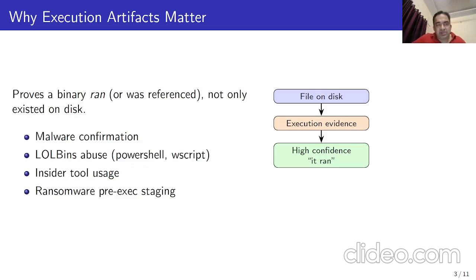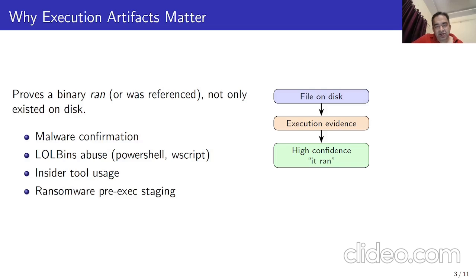Now, why do execution artifacts matter? The left text stresses that an execution artifact elevates confidence beyond the file existing. Use cases include malware confirmation, LOLBins abuse, insider tooling, and ransomware staging.